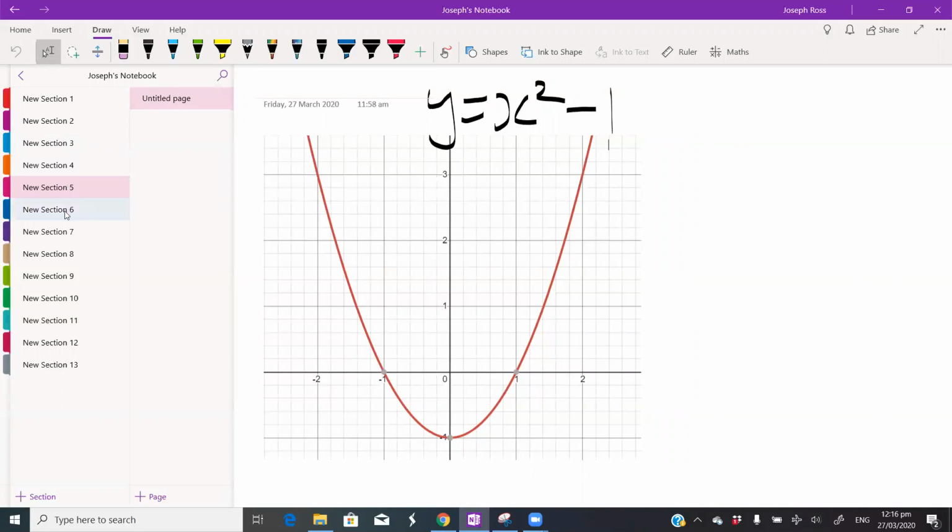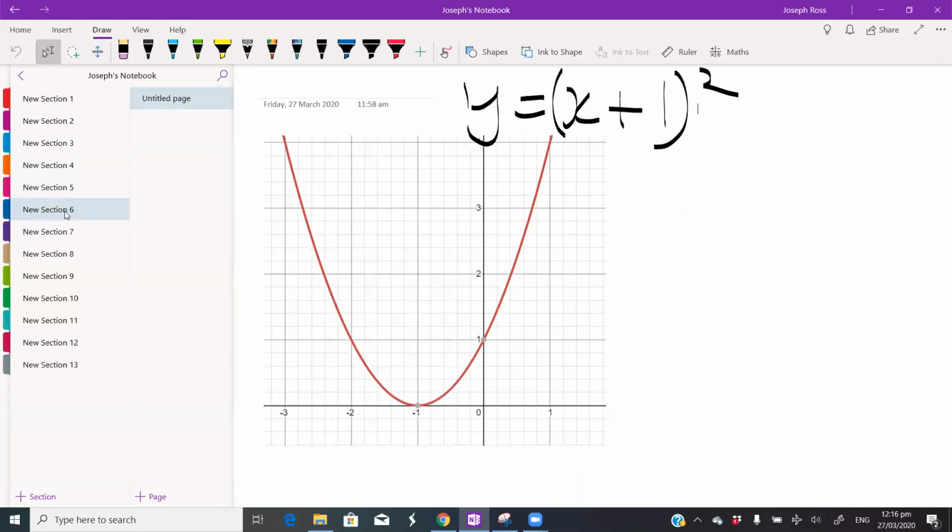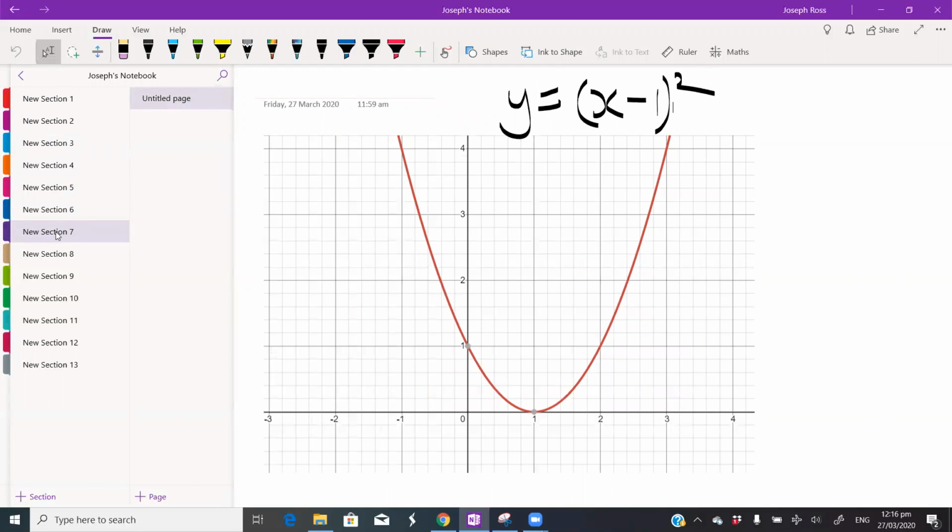If we want to shift the graph to the left, that means we need to replace the x with an x plus 1, so we put a plus 1 in a bracket with the x. And if we want to shift it the other way, to the right, then we need to replace the x with an x minus 1, so throw a minus 1 in a bracket along with the x.